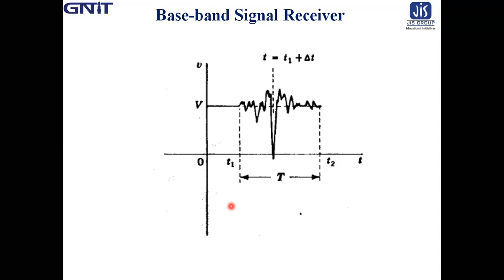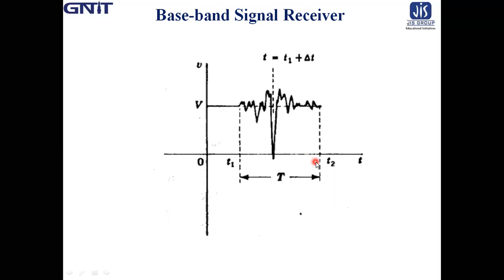Here, in this figure, the transmitted bit is represented by the voltage plus V, which is sustained over an interval capital T, say T1 to T2. Now noise has been superimposed on the level plus V, so that voltage V represents the received signal and noise.